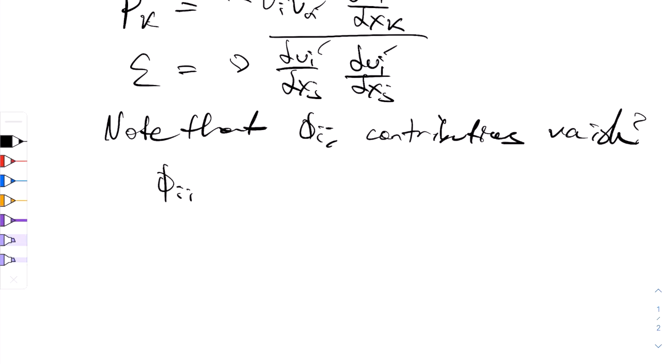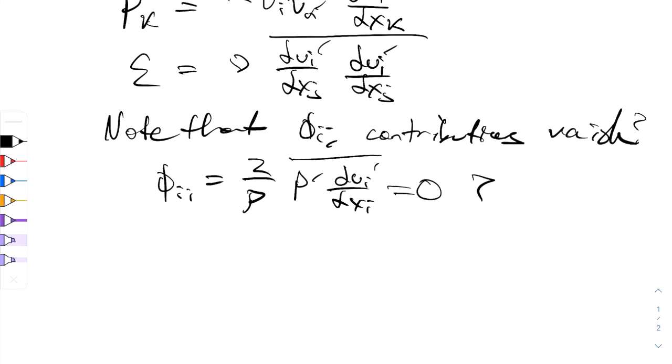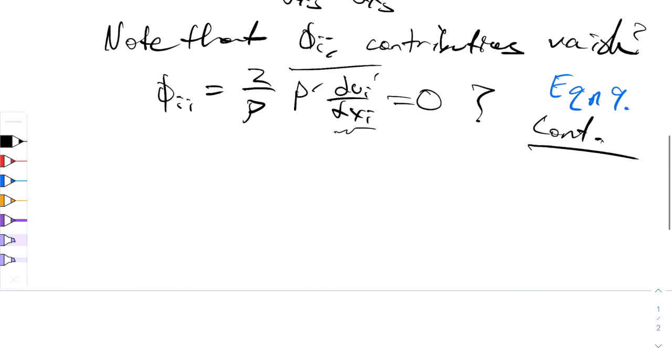Let's look at Φ_ii, which is 2/ρ, where ρ is the density, of p' ∂u_i'/∂x_i bar, which is equal to 0. Why? If you look back in your notes at equation 9, you'll see that's actually the continuity equation, or conservation of mass. And so this term, indeed, will be going to 0.